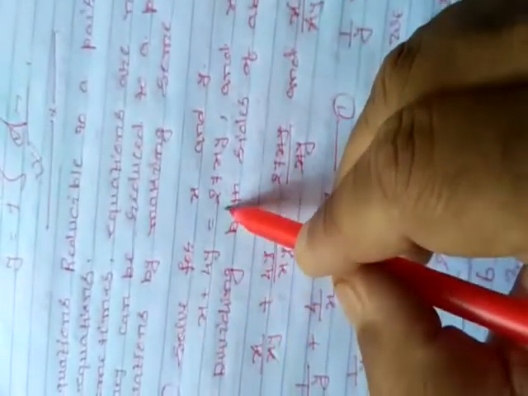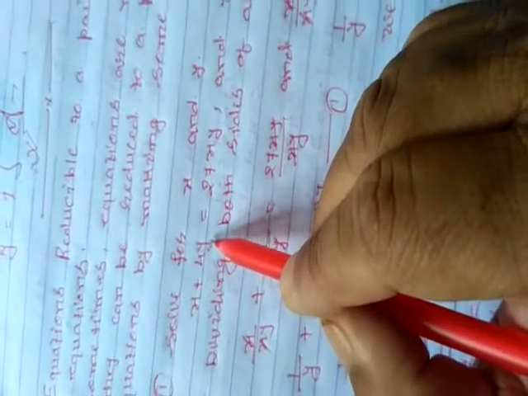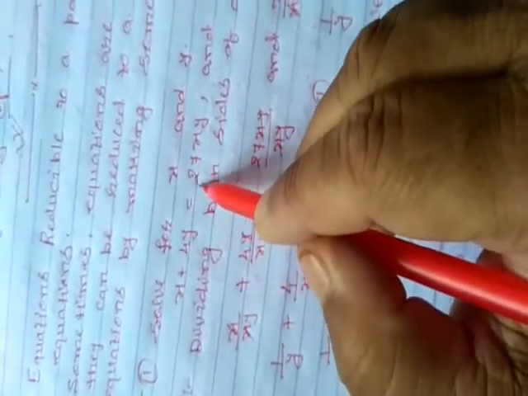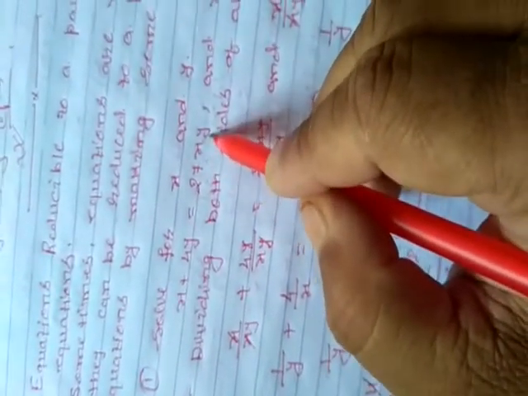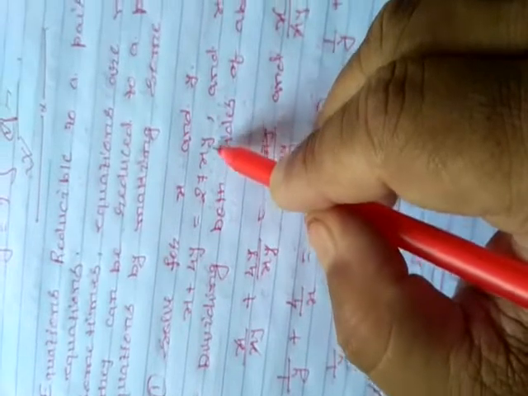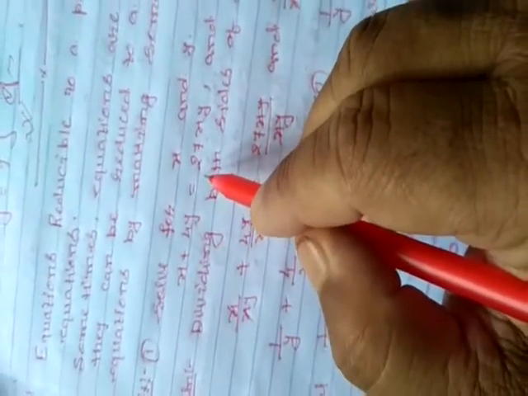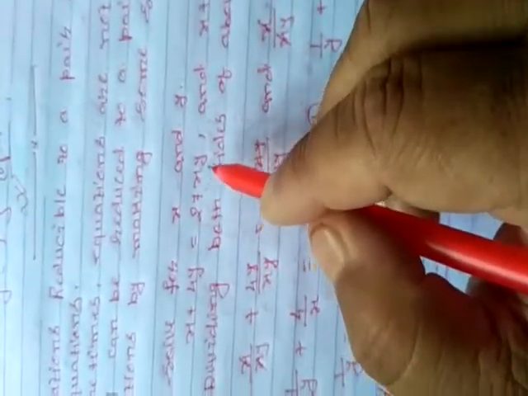Students, as you can observe, these equations are not in the standard form of linear equations of two variables, because on the RHS there are still variables x and y. So our first motive should be to bring them into the standard form.